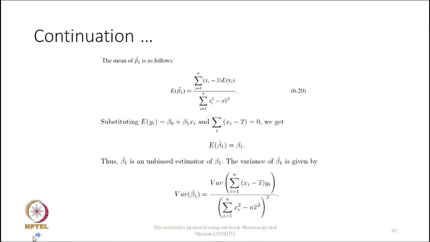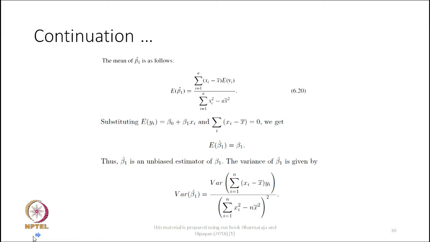That means the expectation of the estimator is going to be the same as the parameter, that is beta 1. Therefore, you can conclude beta 1 cap, the estimator of beta 1, is an unbiased estimator of beta 1.